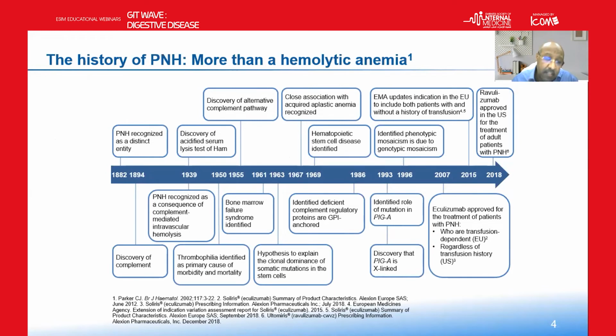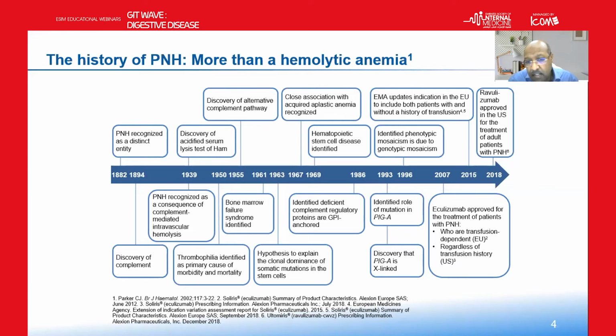This is the oldest test we used to do for PNH. Now we have moved on, and I will tell you about how we diagnose it these days. Then later on, it was discovered that it's related to complement with the discovery of the alternative pathway. And then it was discovered that it can be associated with bone marrow failure and aplastic anemia.